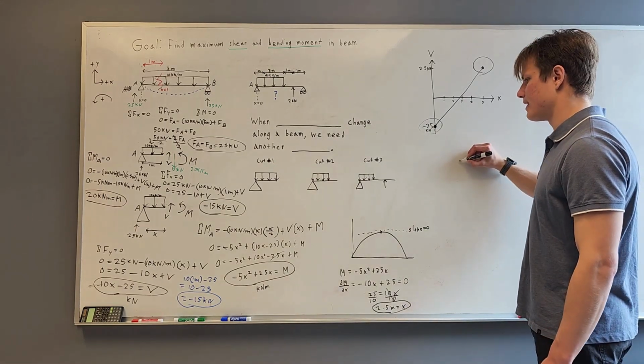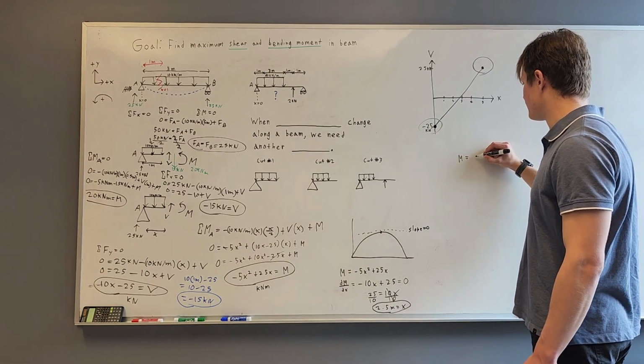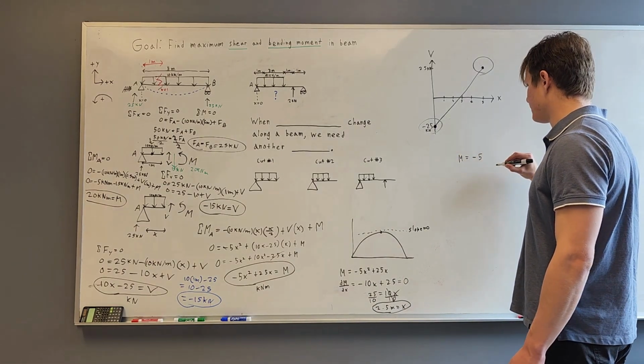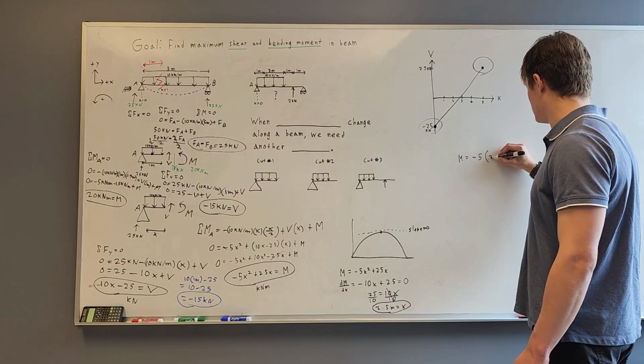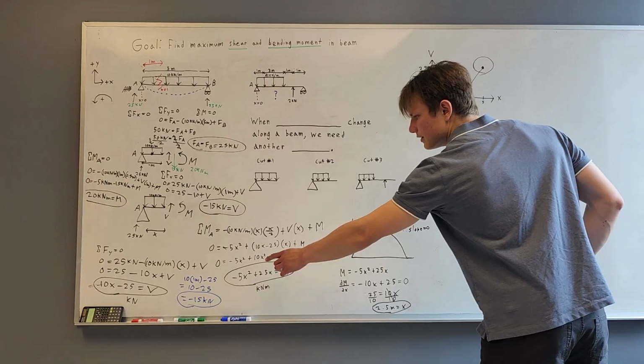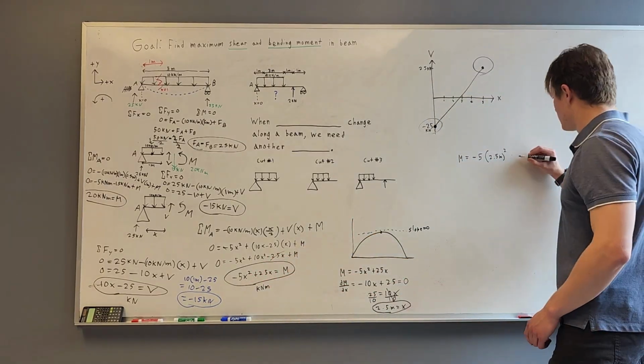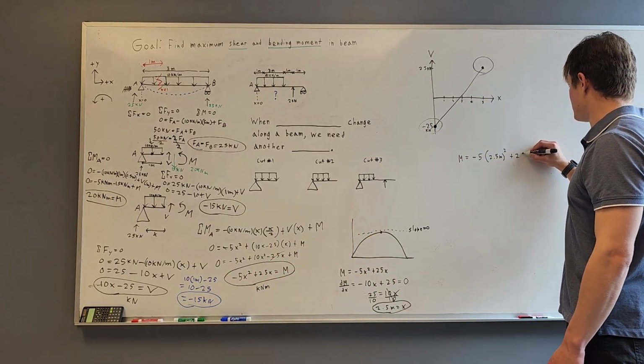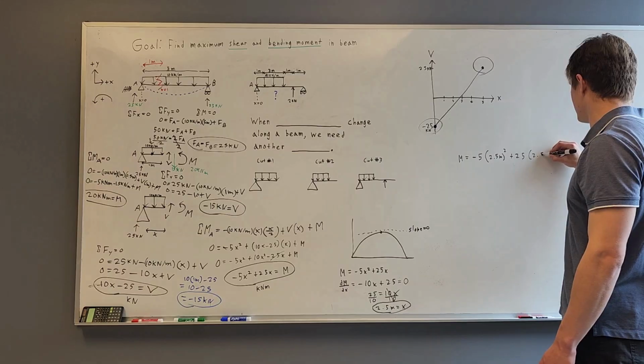So what that will give us is M equals -5 times 2.5 meters squared. As you can see, we have an x squared here, plus 25 times 2.5 meters.